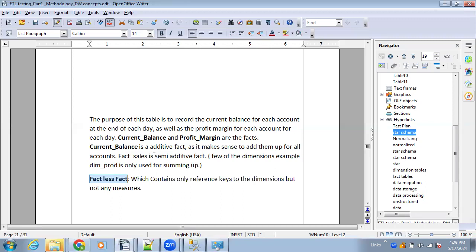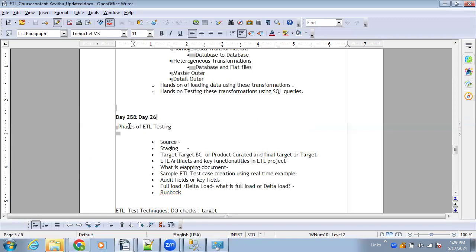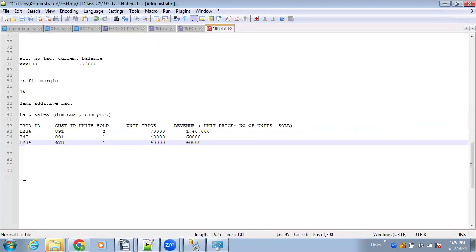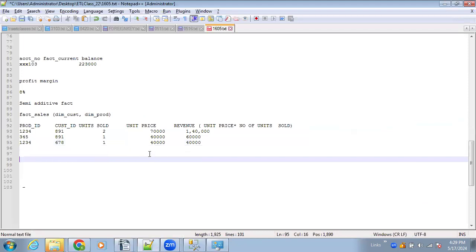So what is a factless fact? A factless fact will not consist of any units or measures. It will only consist of the reference keys. Say there are many dimensions connected, so you create one fact to store only the keys, and in the fact table you store something else.